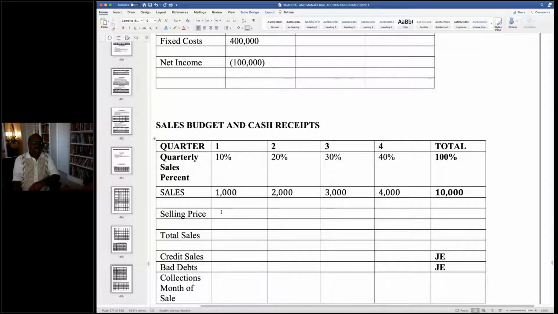Our selling price is how much? Isn't that $100? Yeah, the selling price was $100 across the board.